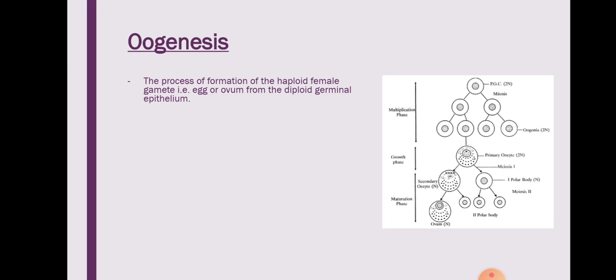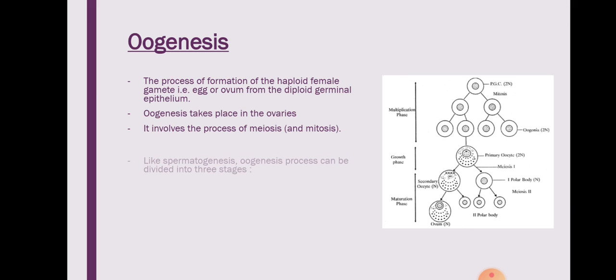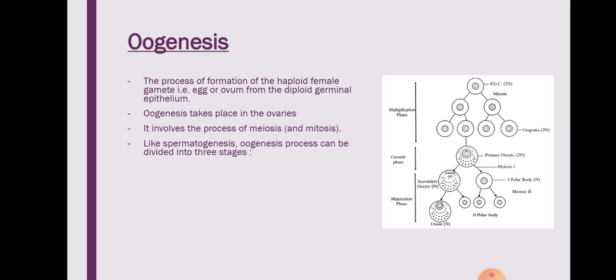But it is a little discontinuous. This process is halted at certain time points and is not a continuous process. This takes place in the ovaries, involves meiosis and mitosis, and like spermatogenesis, it has multiplication, growth, and maturation phases.